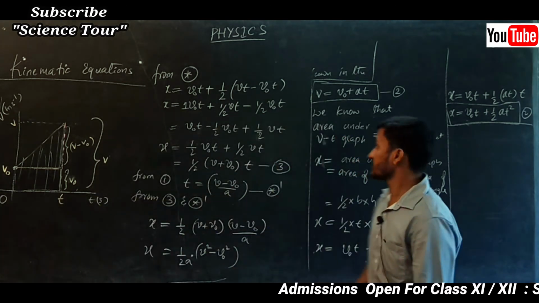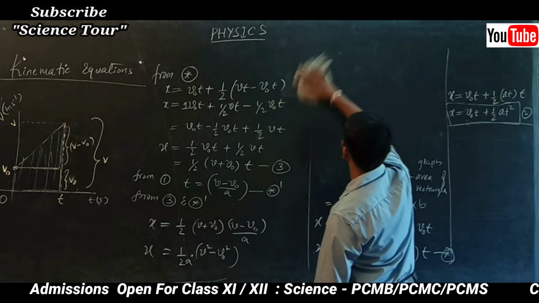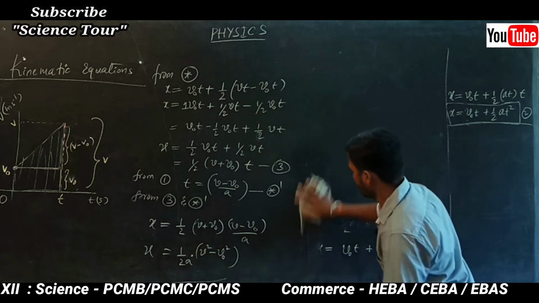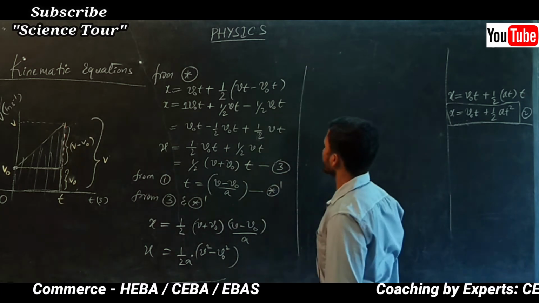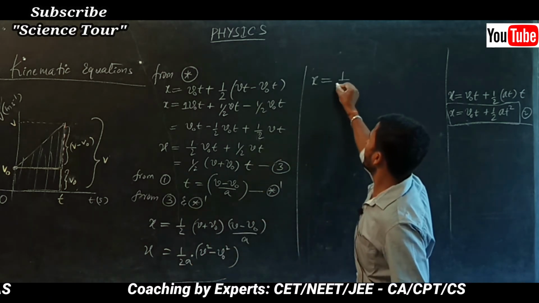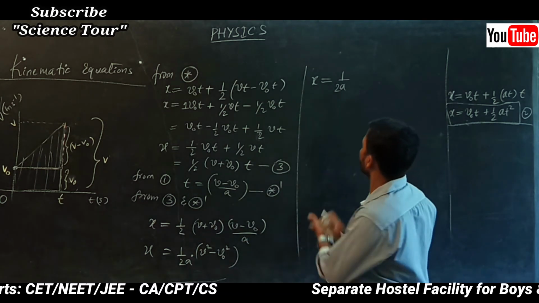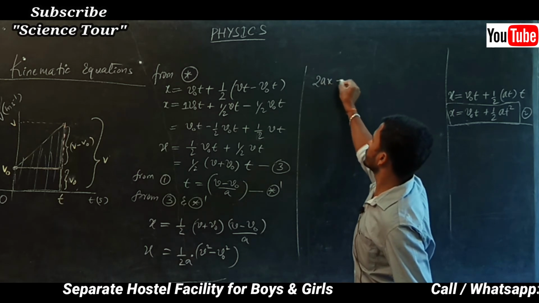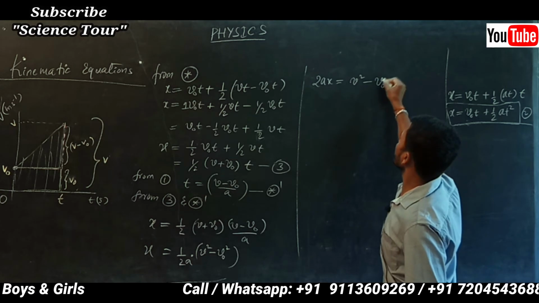Again I am going to erase this, write down these things before, and once again you can see the video, means write down these things. Okay, so I am going to write down the next step of this, that is nothing but x is equal to 1 by 2a, (v square minus v naught square). If I bring 2a to the other side, what happens? 2ax is equal to v square minus v naught square.